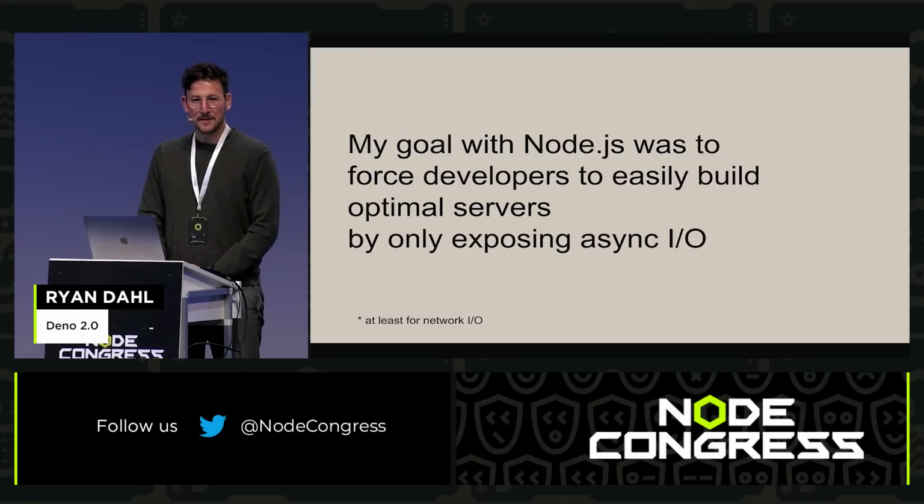Node is quite old at this point, maybe 13, 14 years old. My original goal with Node was to force developers to easily build optimal servers by forcing them to only use async I/O. Not 100% true.